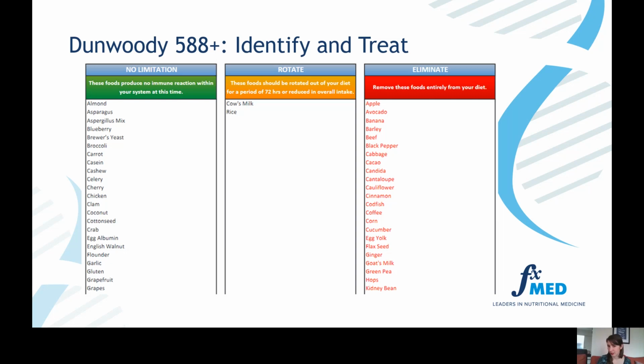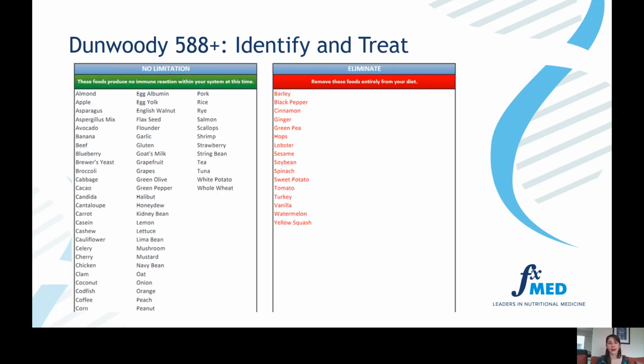So we eliminate these foods temporarily, and then we can rotate these foods. They had a lesser reaction, but still a reaction. What we want to do is have them at a lesser rate and no more than every 72 hours, probably. But the practitioner will make the ultimate choice based on everything else in context.